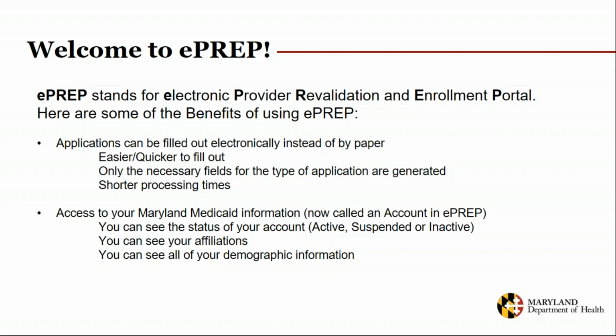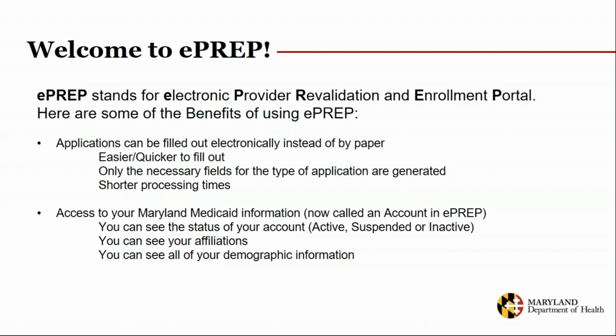The good thing about ePREP is when we choose to do an application, it generates only the fields that are necessary for what we wanted to do. So we don't have to go through a whole application to get one little thing done. And the processing time on ePREP is shorter than what we used to have before.